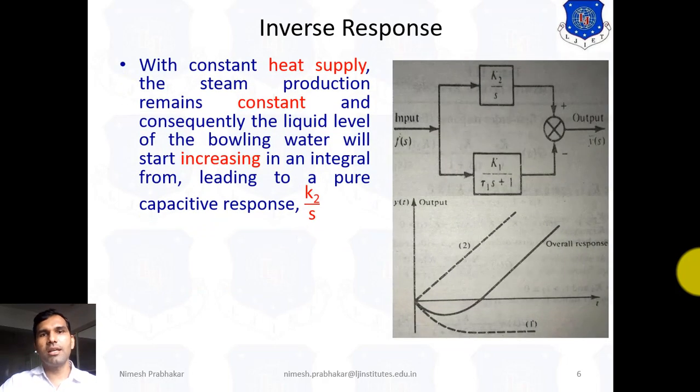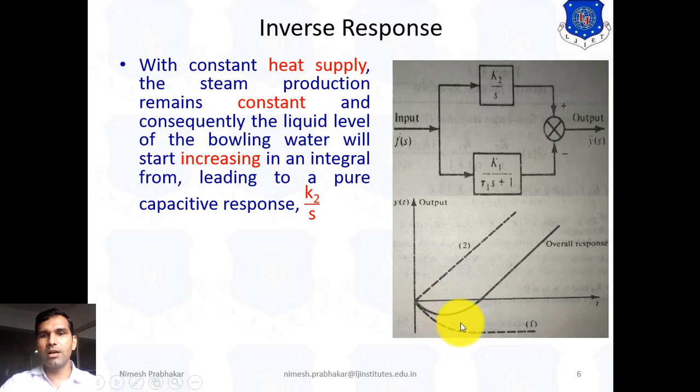with the constant heat supply the steam production remains constant, and consequently the liquid level of the boiling water will start increasing in the integral form, leading to a pure capacitive response. That means this represents the pure capacitive response of the system, and due to that this effect is only for a short period.